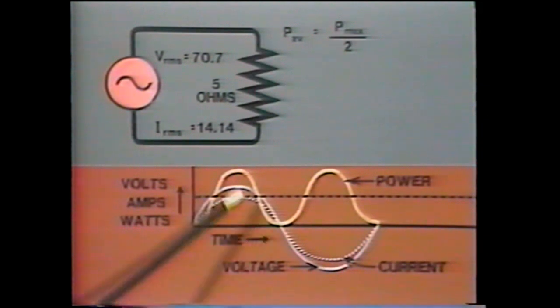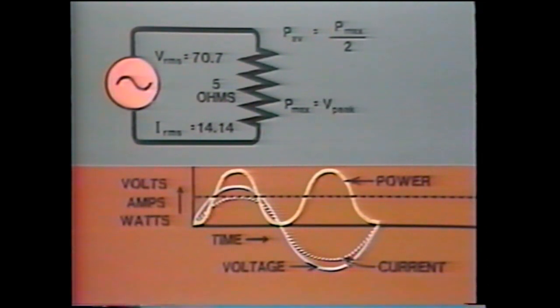Let's now see what the peak value of the power wave is. The peak value of power is simply the peak voltage times peak current, which equals 100 volts times 20 amps, and this is 2,000 watts.